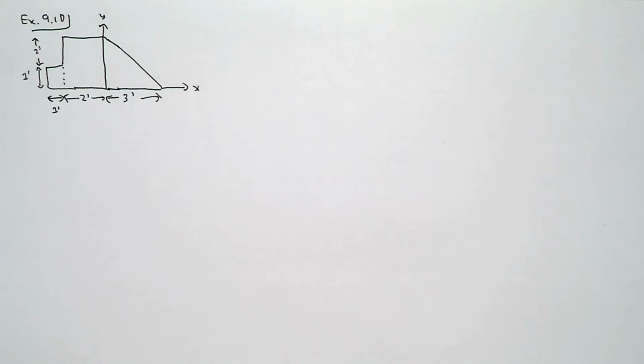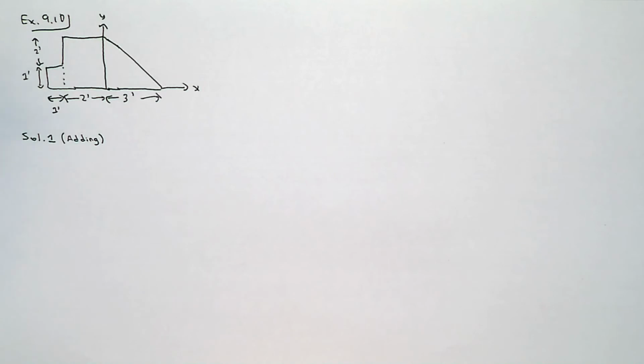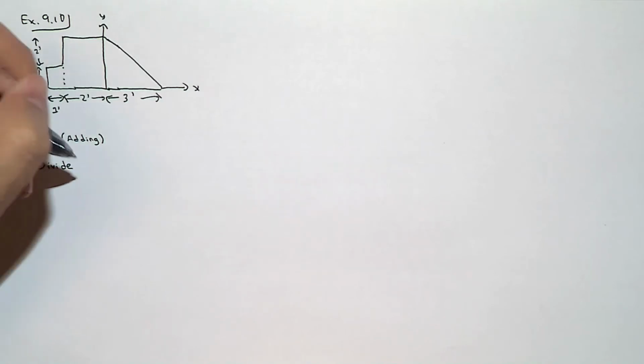Now here's how you can find the center of this element. There's actually different ways to solve it. We have enough time, so I'm going to try to show you 2 different ways of solving it. I think the first thing we can try to do is to solve this problem by adding. In order to find the centroid of a composite element, I think the first thing you want to do is to divide your element into segments.